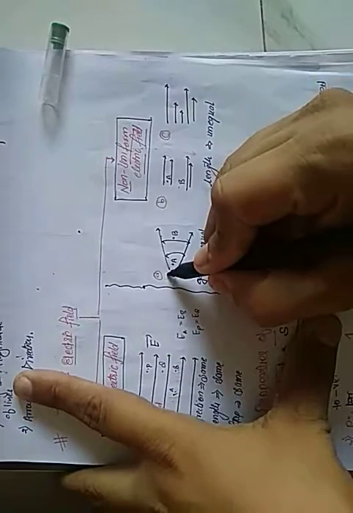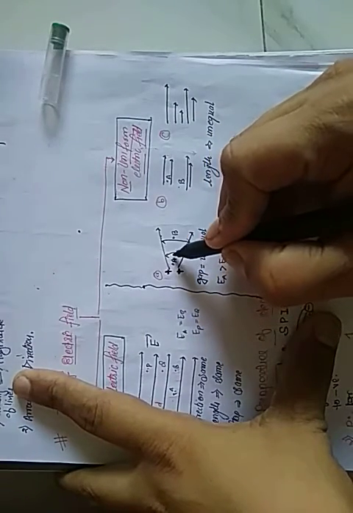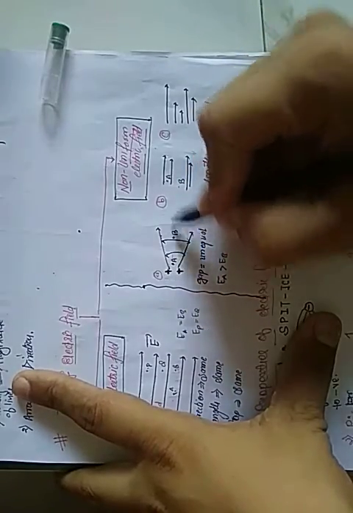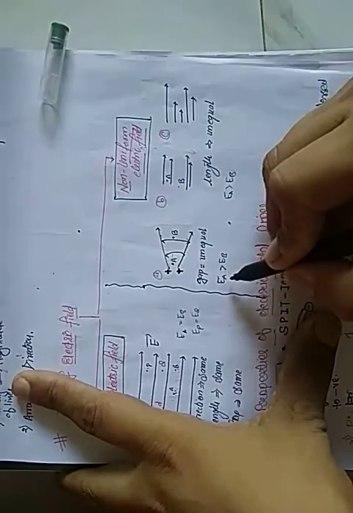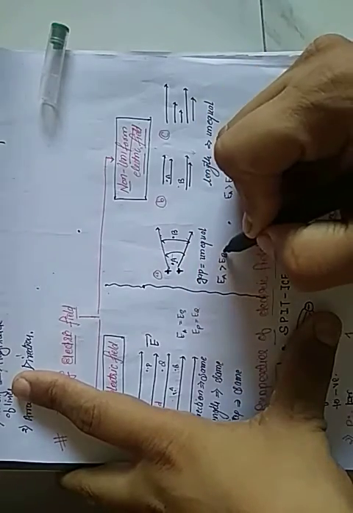Similarly, if the charge is here, for point A the field is maximum because we are very close to the charge, but for point B it is decreased because we are away from the charge. So electric field A is maximum, electric field B is minimum.